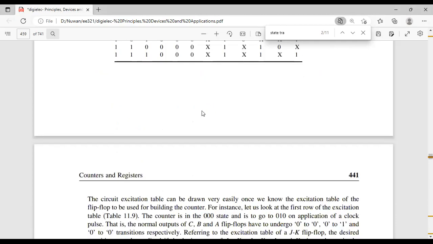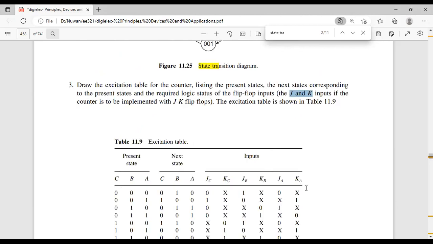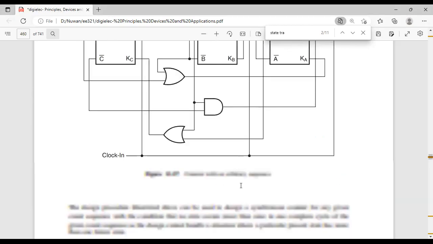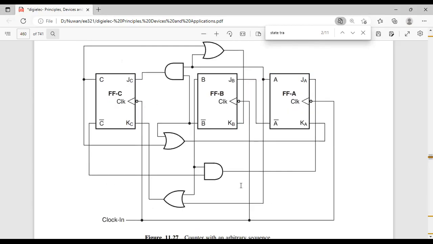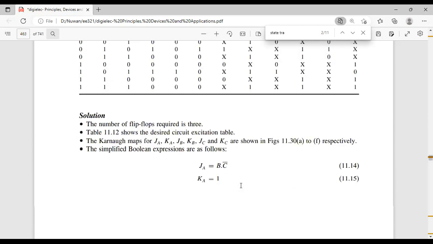So 3 counters are there, and you are asked to design the circuit only. So I think that is for the counters.